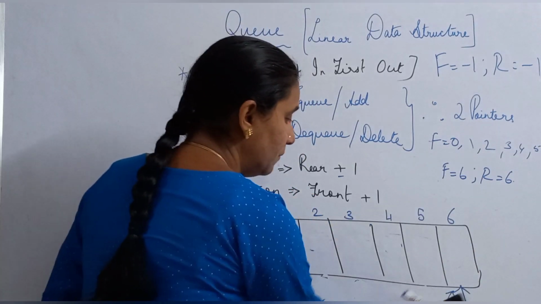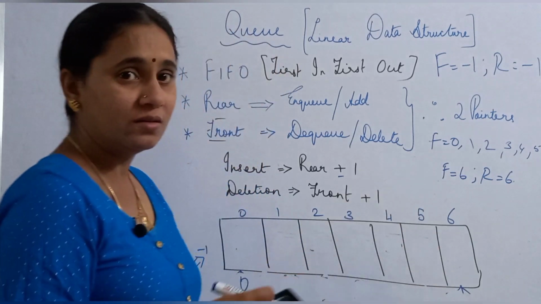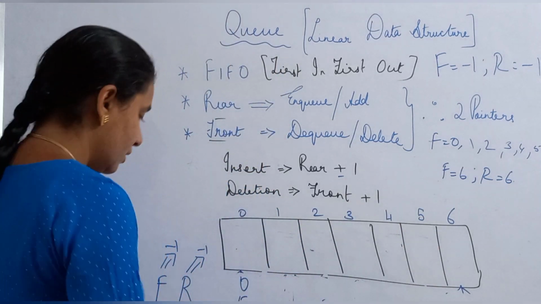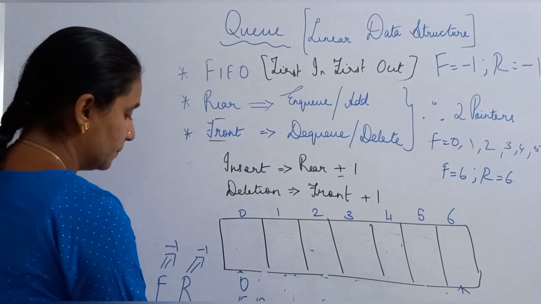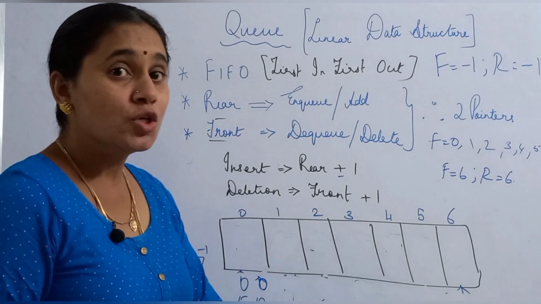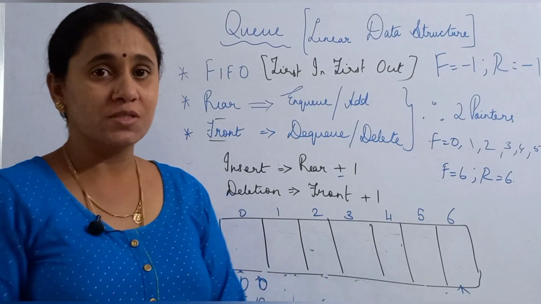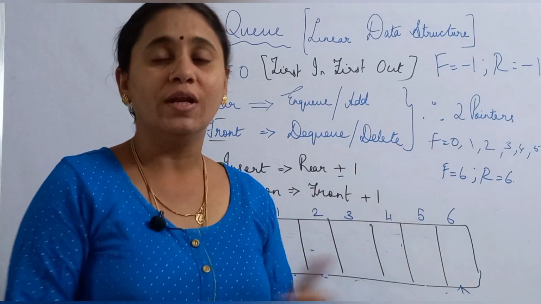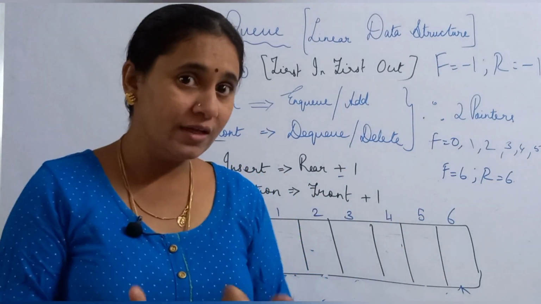Once again they will be reset, F and R are 0. So in this way only we must do the insertion and deletion of elements in the queue data structure. Friends, are you all clear now?